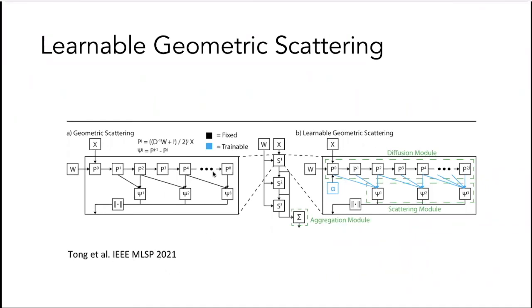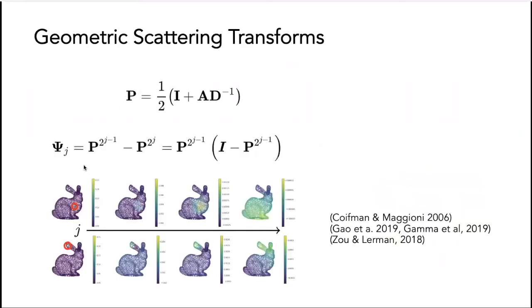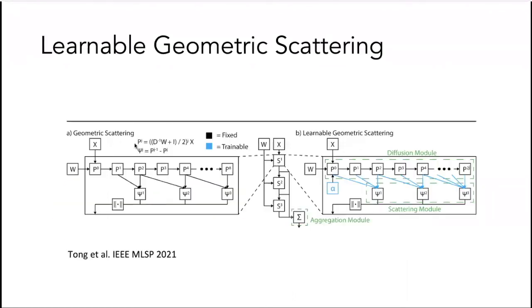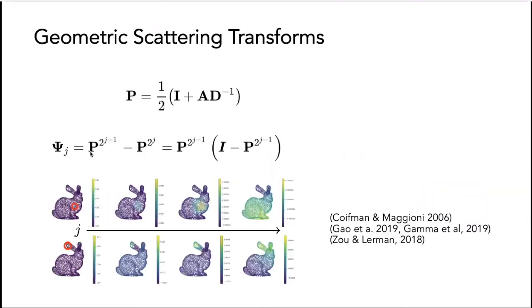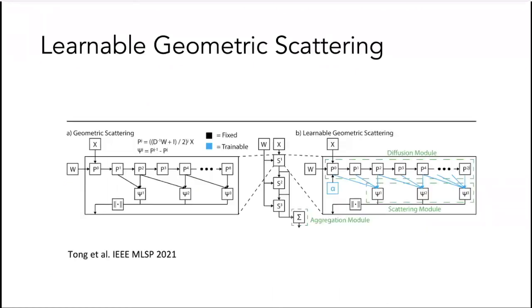This learnable version learns the scales, learns the extent of laziness, and it contains a diffusion module, which performs diffusion. Then you have an aggregation module that compares different scales of diffusion, and a scattering module, which takes coefficients of your signal with multiple scales of wavelets.